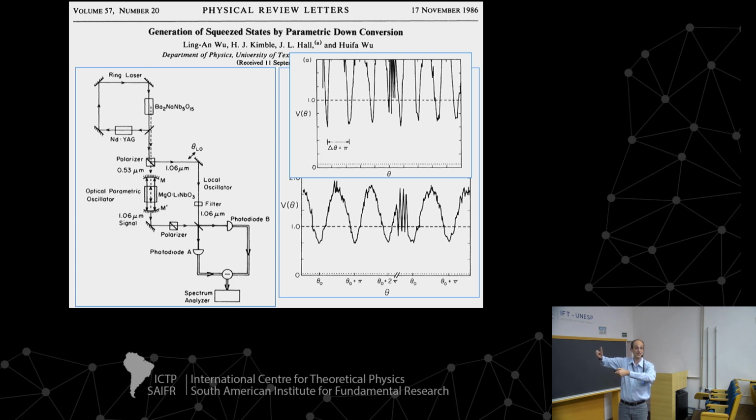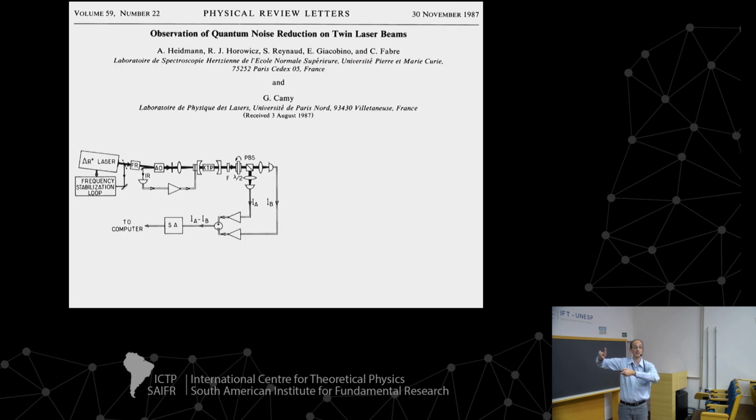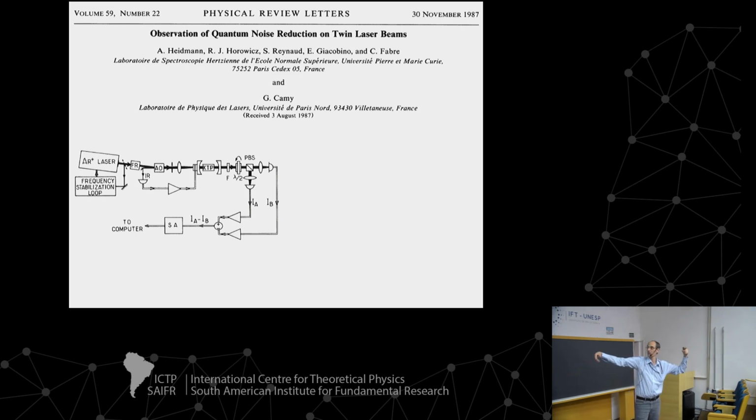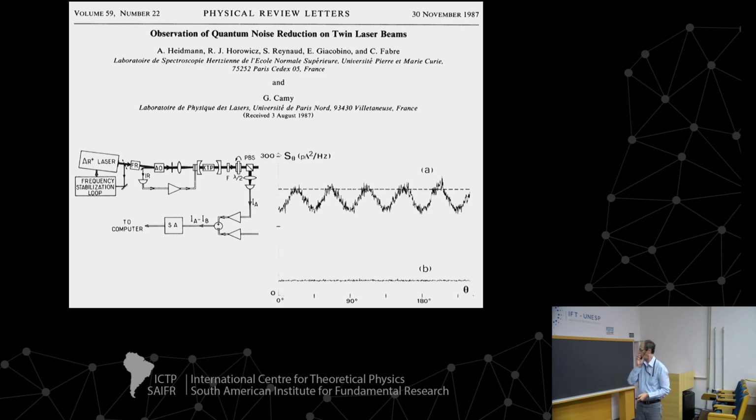So they're degenerate. Here, they're non-degenerate. They're in orthogonal polarization, and with a polarizer, you send one to one side, the other one to the other. In fact, they're not even of the same frequency. They can be a few nanometers apart. You don't care. You just count how many photons you have here, how many photons you have here, make a subtraction, and check it out. That's below the shot noise level.